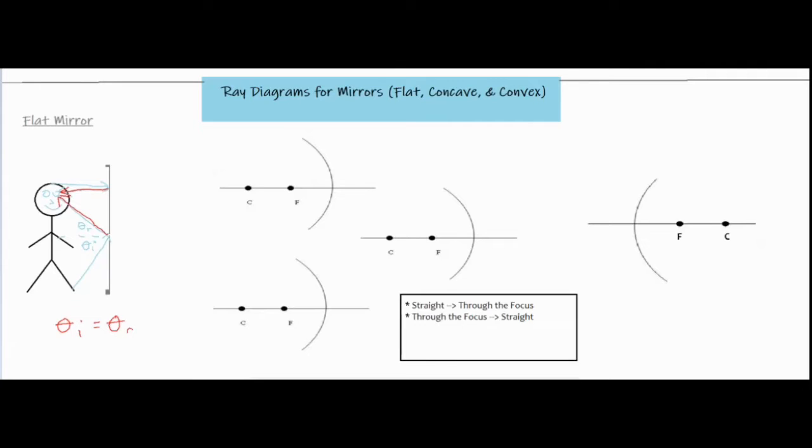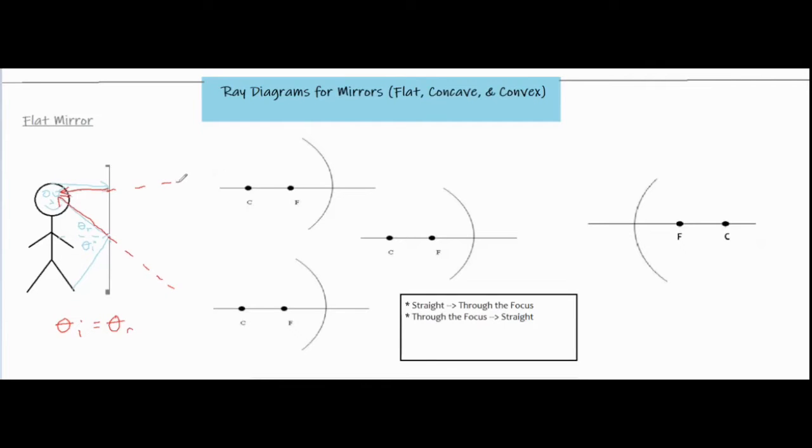So now we have those two reflected light rays, and our brain doesn't know if it's a light ray that's coming directly into our eye or a light ray that's reflected. So it appears as if this reflected light ray is coming from back here, and it appears as if this reflected light ray is coming from back here behind the mirror.